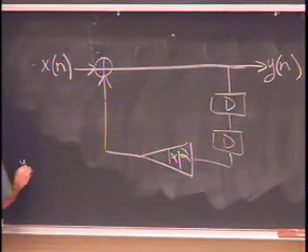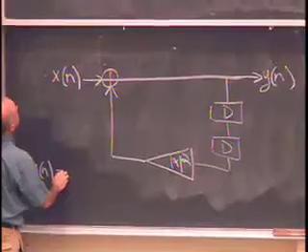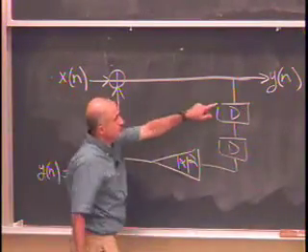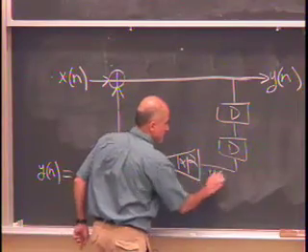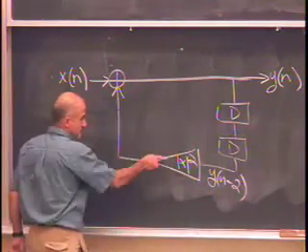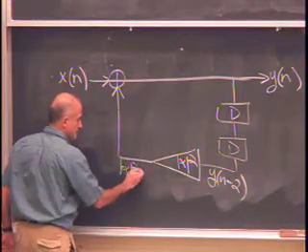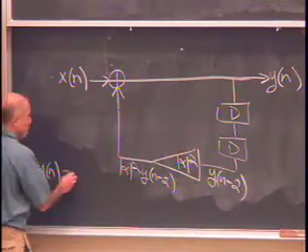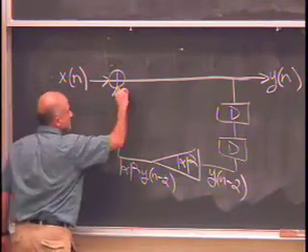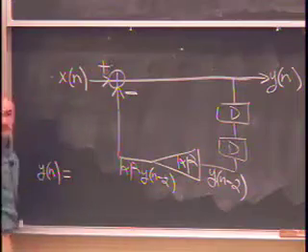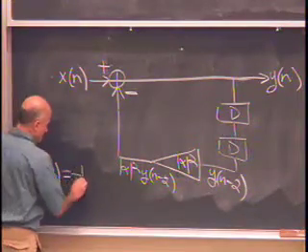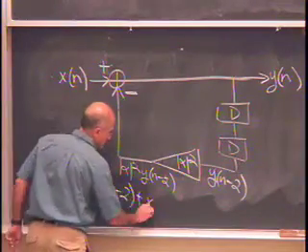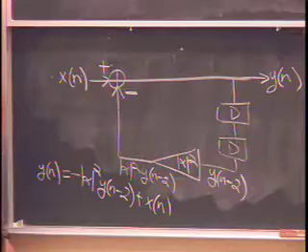You're going to get y of n equals y of n minus 2 times alpha squared, minus here, plus there. Okay?